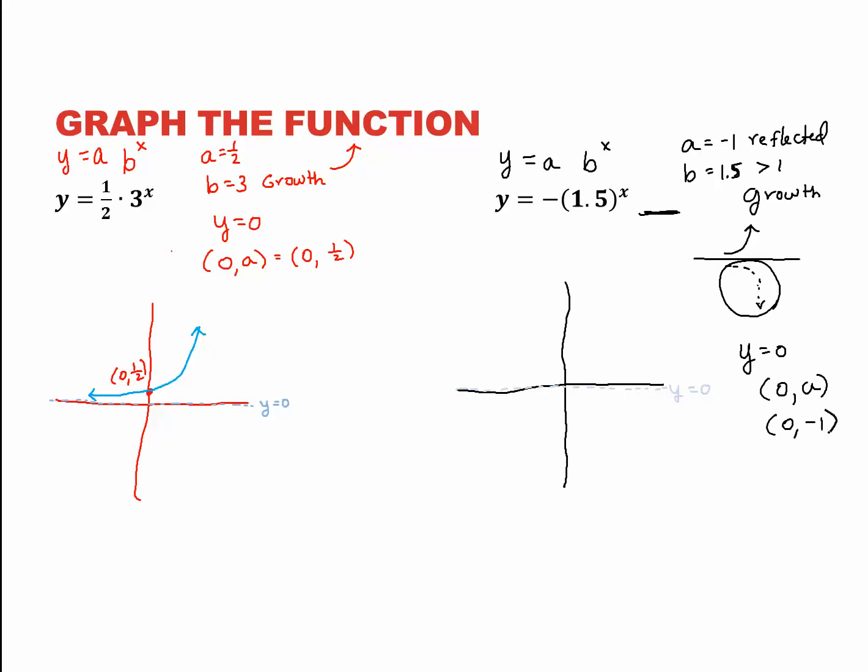So it's crossing at 0, -1. There's no changes here to the left or to the right or up and down, so we're good. So this is 0, -1. And it's reflected growth. There we go. Best I can do on my tablet.